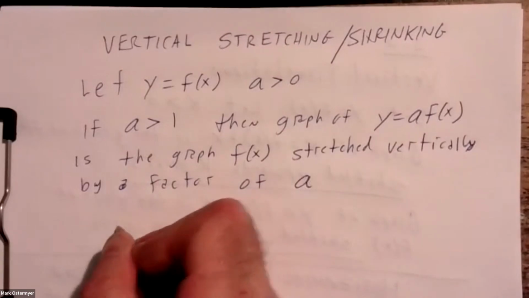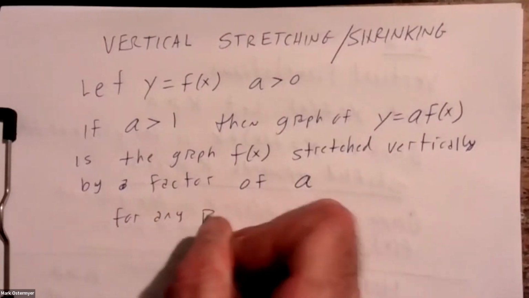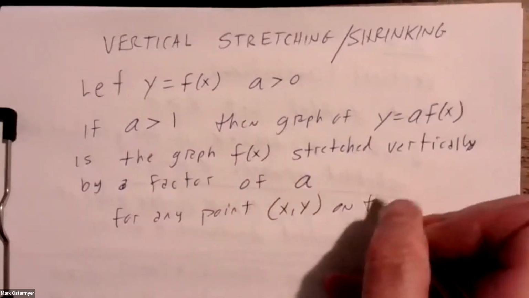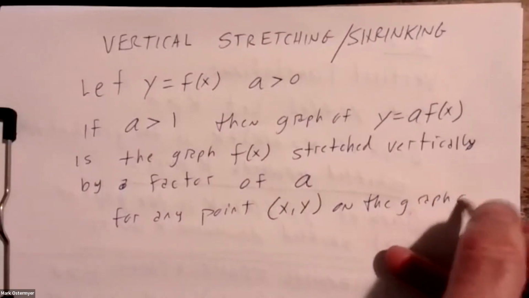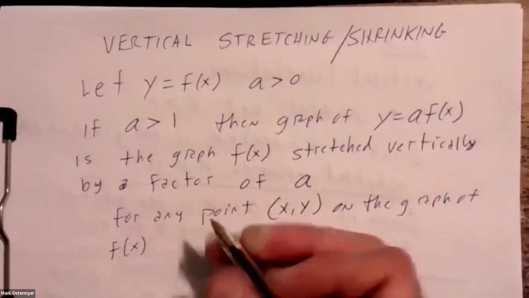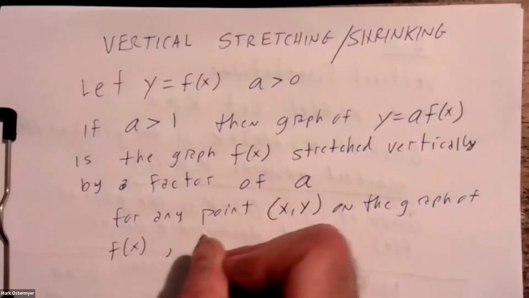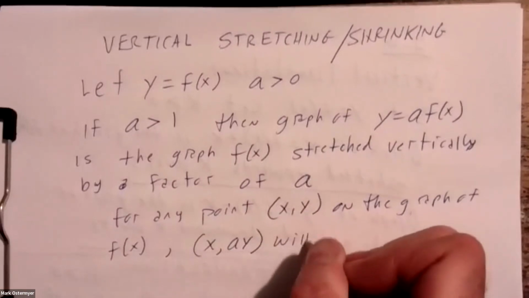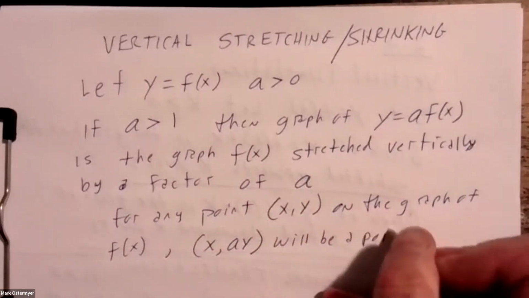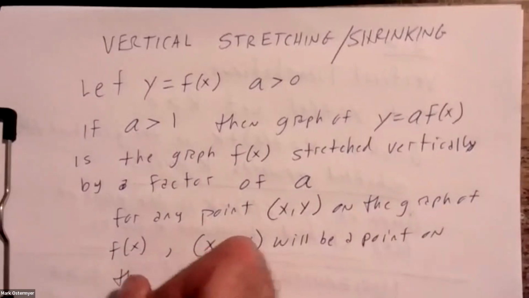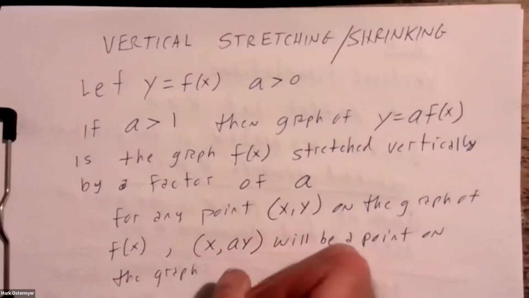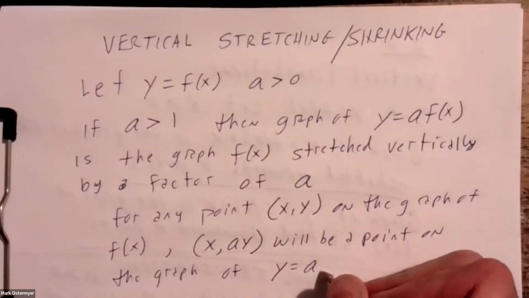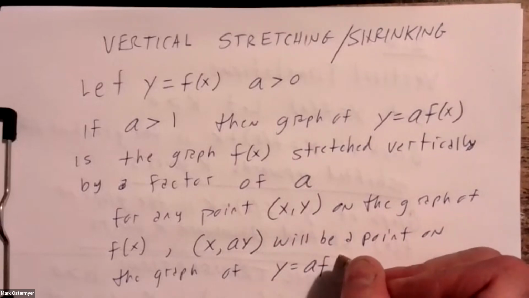So in other words, for any point x, y on the graph of f of x, the point x, a times y will be a point on the graph of this new function, which is a times f of x.